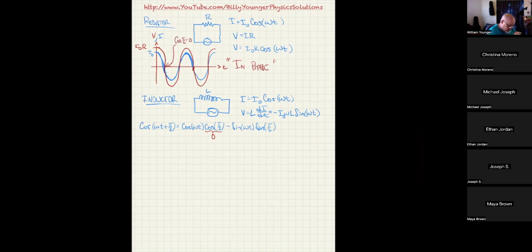Okay, so that part is 0. However, on this part, we know that the sine of pi over 2 is in fact 1. So this is just the same thing as negative sine of omega t.